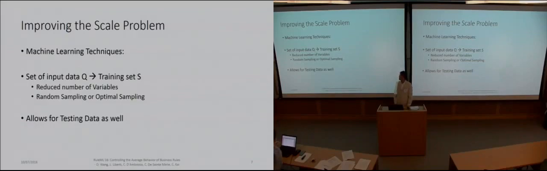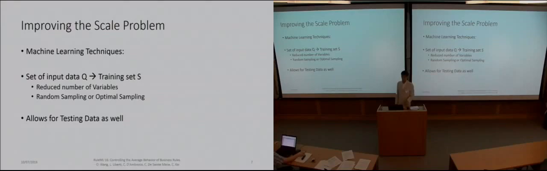So the first thing we tried to solve this scale problem is to use machine learning techniques, because this looks like a machine learning problem where we have a bunch of data and we have a goal and we want to optimize our value. So instead of using all the data points we have, we restrain ourselves to a smaller training set with a reduced number of data points, which leads to a much reduced number of variables.